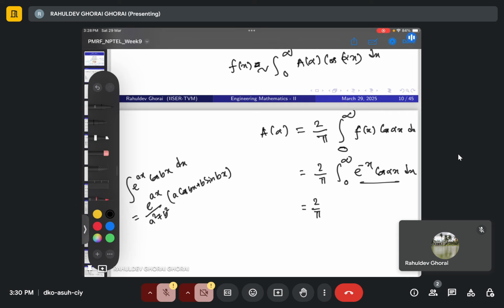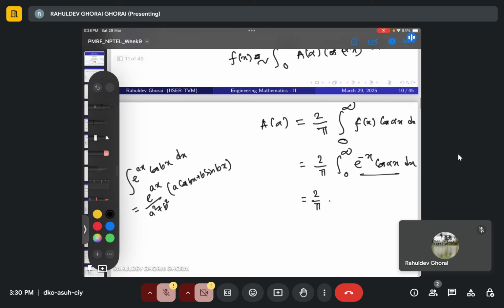Then if you use that, here a is minus 1, right? So e to the power minus x over a square plus b square, where a is minus 1 means minus 1 square will be 1, and b is alpha, so alpha square, times a is minus 1, so minus cos alpha x, and b is alpha, plus alpha sin alpha x. That will be 2 e to the power minus x over pi times 1 plus alpha square, of alpha sin alpha x minus cos alpha x.